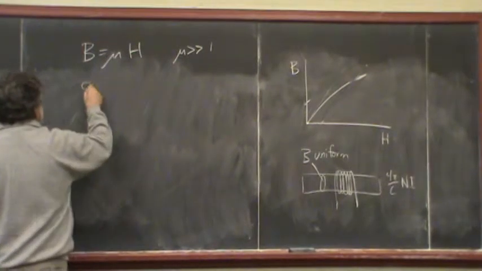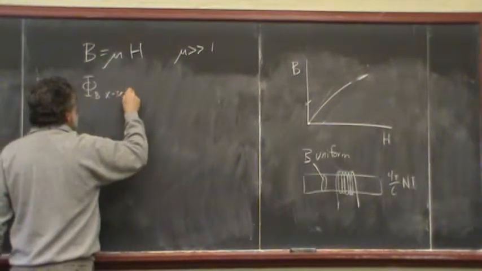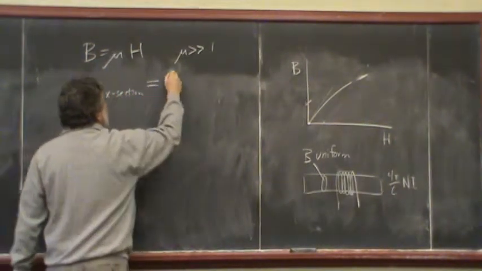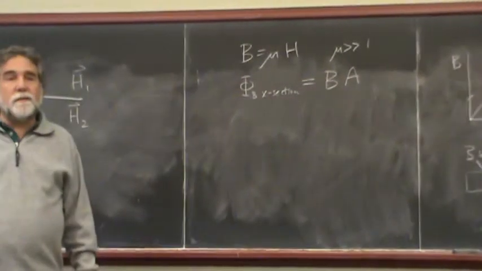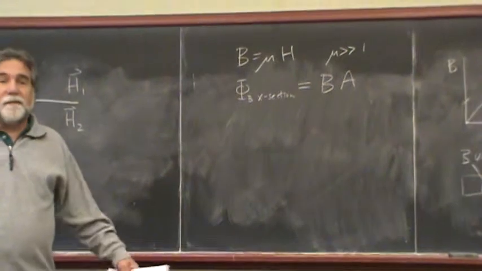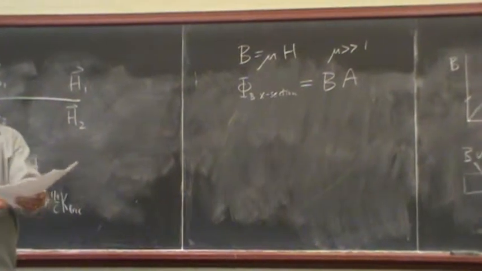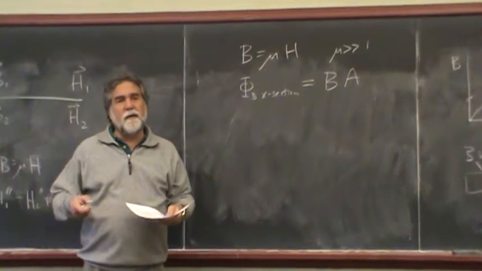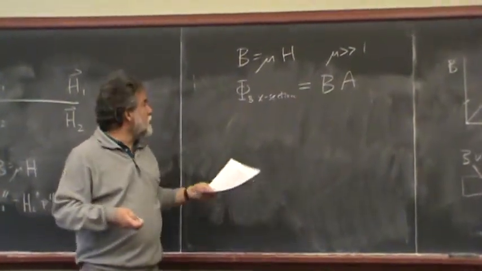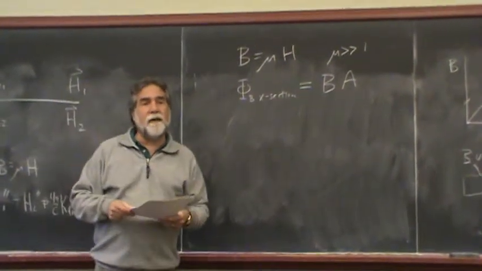So that the flux of B through a cross-sectional area is just going to be equal to B times the area. That's a big assumption. It's not necessarily true. It's not true for most interesting circuits, but we're going to make that assumption anyway in order to simplify things. What that really boils down to is that in the types of materials and structures that we'll work with, the cross-sectional area is small compared to the overall length of the device.